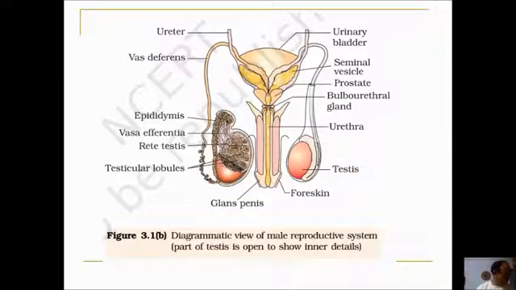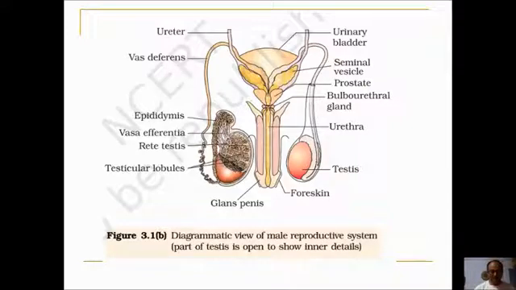The secretions of the seminal vesicle, the prostate, and the bulbourethral gland constitute seminal plasma, which is rich in fructose, calcium, and certain enzymes. The secretion of the bulbourethral gland also helps in the lubrication of the penis for insemination.